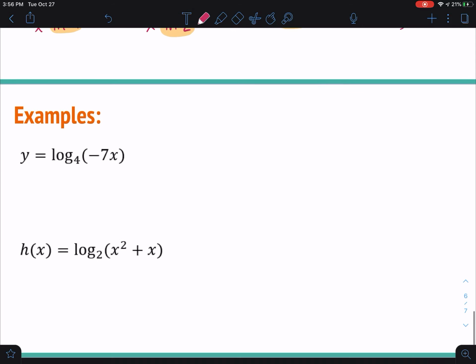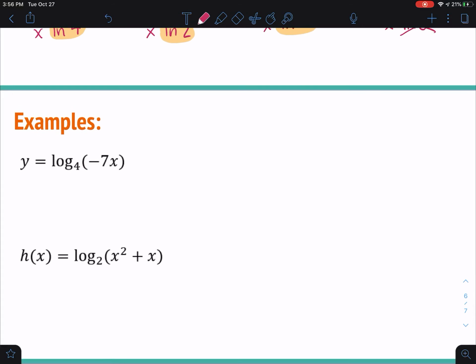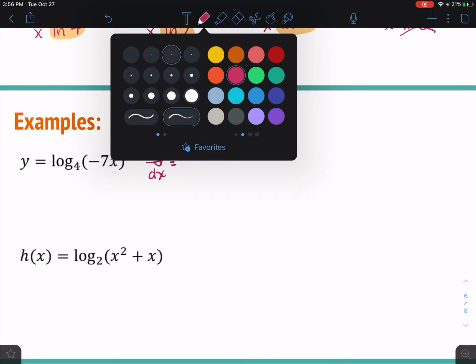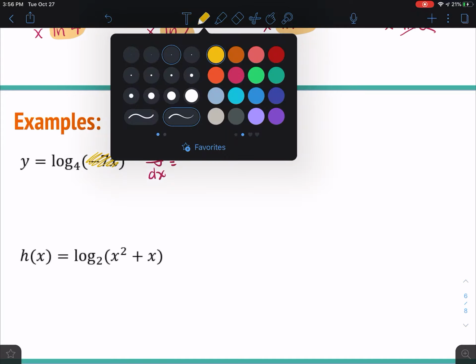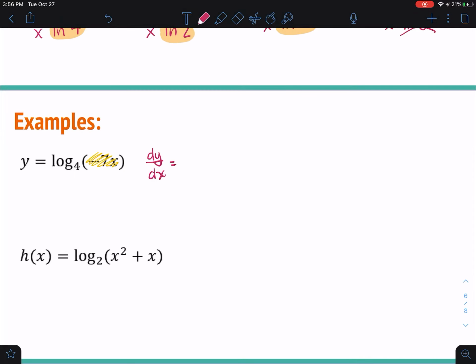So let's do a couple examples. y equals log base 4 of negative 7x. So I'm going to do dy dx. Notice here I have an inner and an outer again. I've got this little inner thing here, which I'm going to lightly cross out. We're going to ignore the inside for right now. If I do the derivative of log base 4 of x, I know it's 1 over the inside, and then I know that now I have to do ln of 4, right?